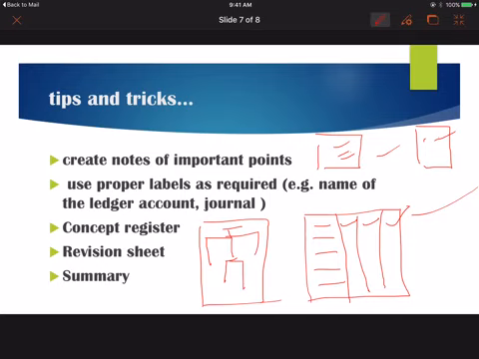Then this first concept contains question numbers 1, 5, 7. This concept contains question number 1. Similarly, this concept contains these questions, and this concept contains these and these questions. So this is like a complete overview of every chapter which you can prepare. While you are solving any of your books, at the end of the chapter, you should make a summary.